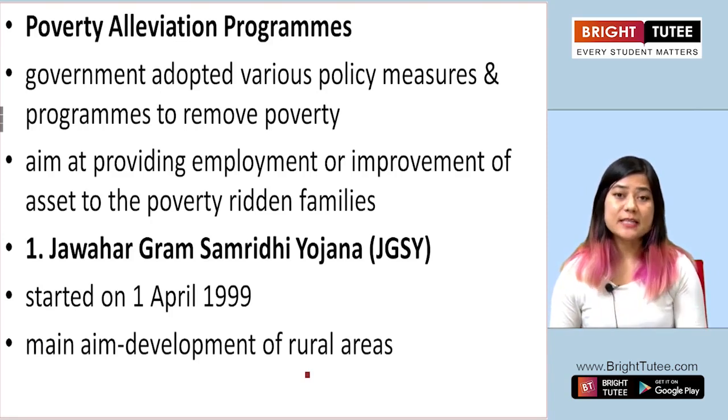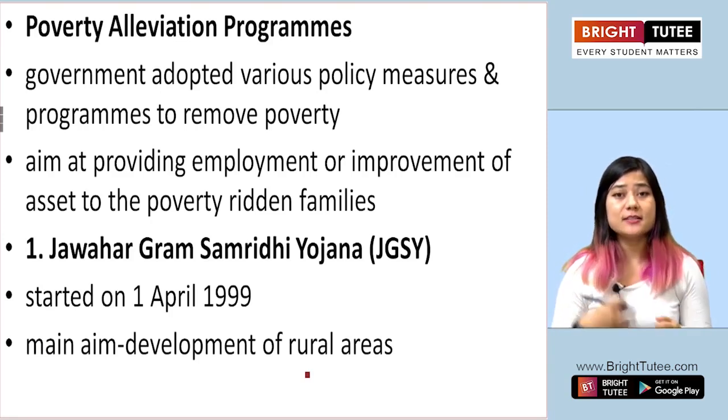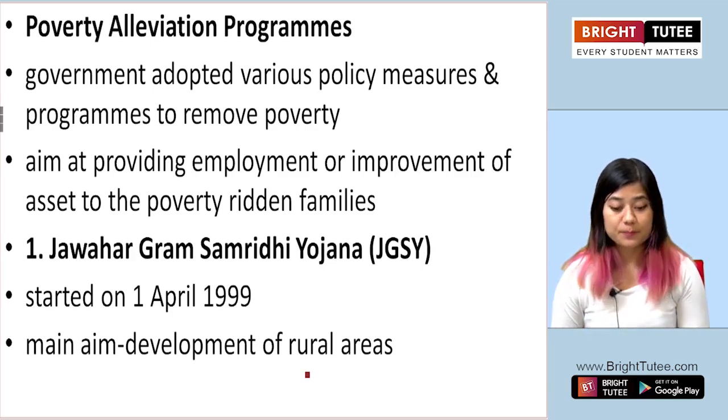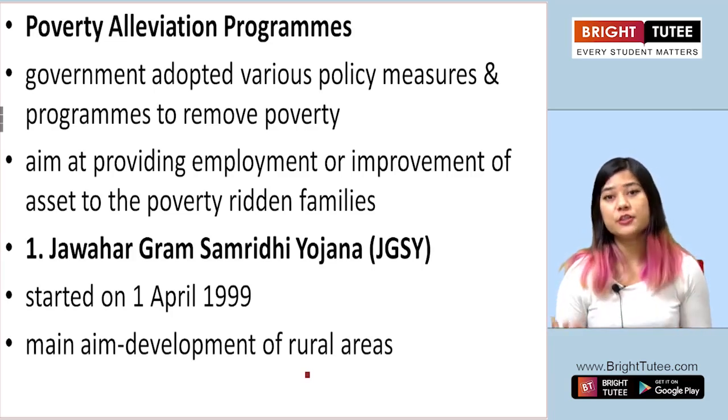People are still in poverty, and more and more people are getting into it. So now, what do we do? What does the government do? What does the country do?